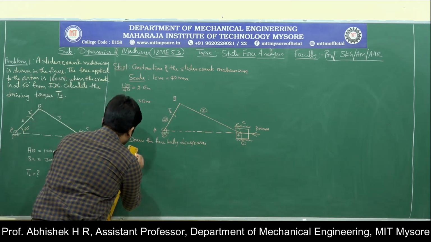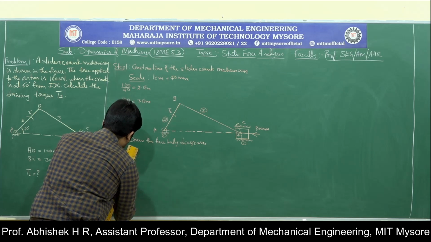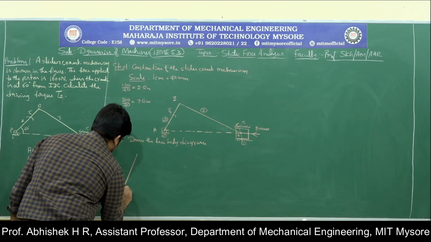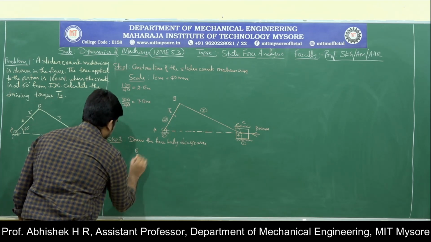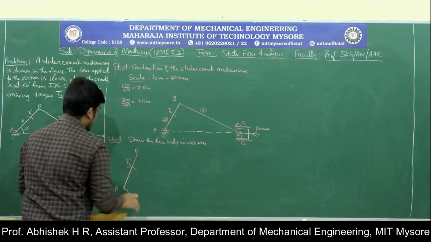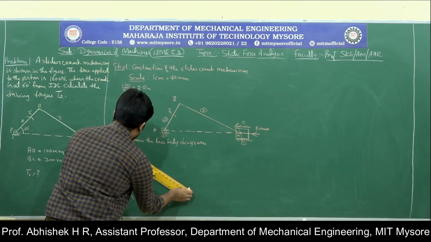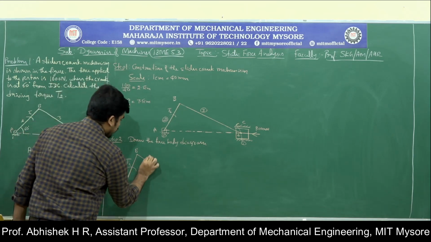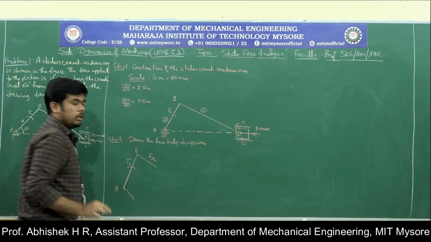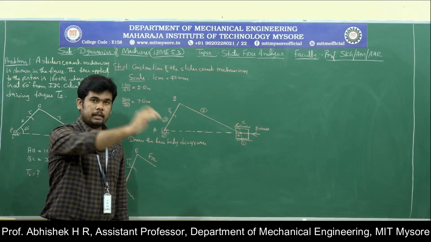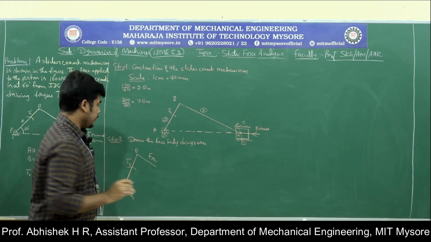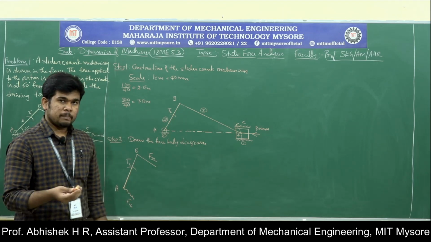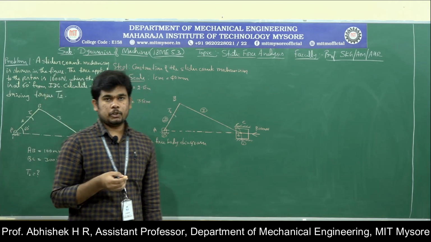Just draw them and mention the forces acting on each link. Here A, B, it is T2, that is torque, and the line BC is attached to link 2. So this is the force F32, the force of link 3 exerting on link 2. So it is F32 and it is F12 as per the two force member condition.